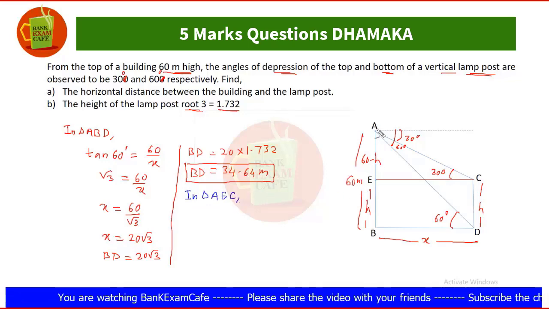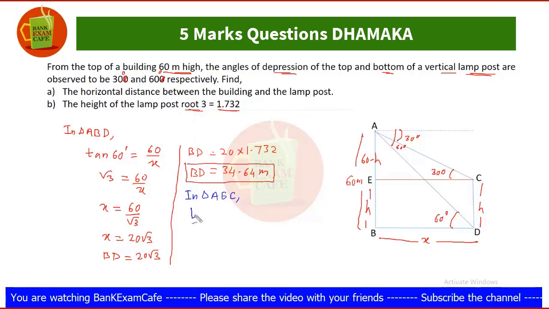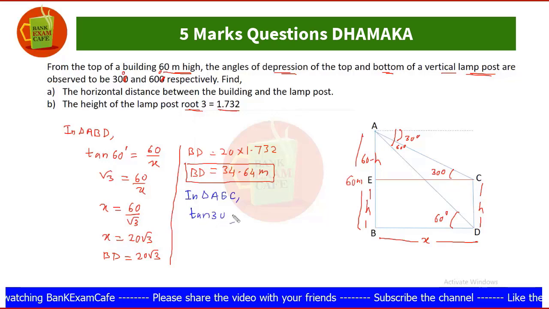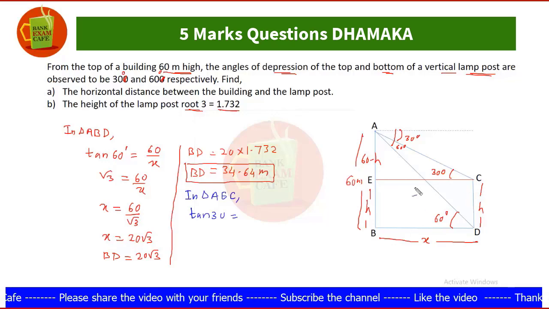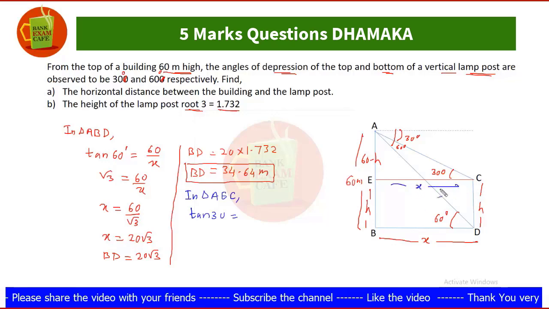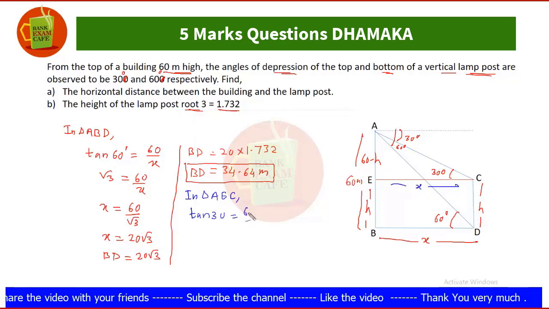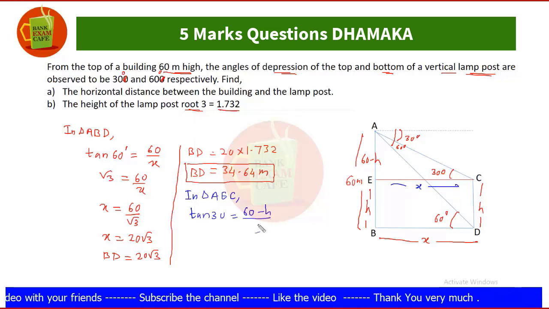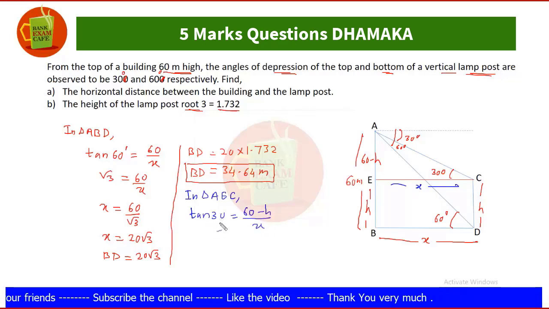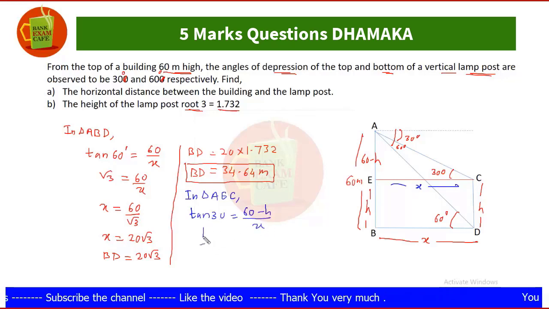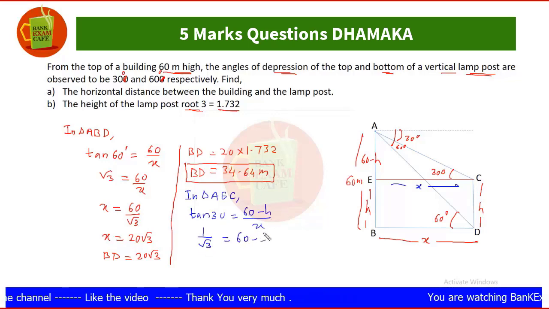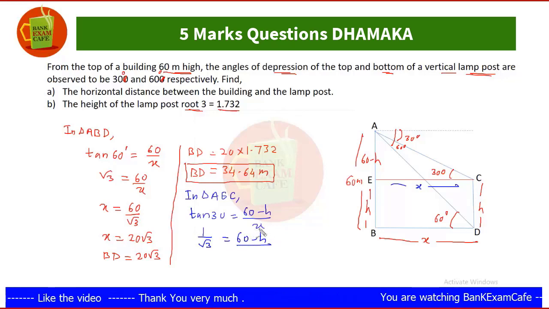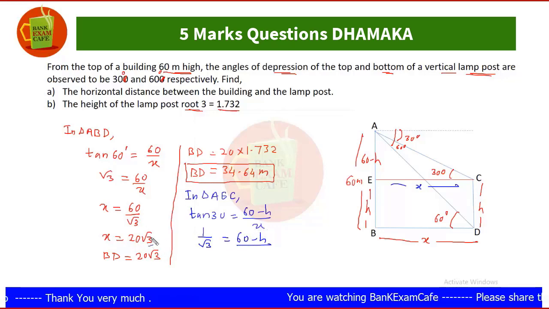In triangle AEC, here tan 30 is equal to AE upon EC. This is X, so this will also be X, and therefore it will be 60 minus H upon X. So tan 30, that is 1 by root 3, is equal to 60 minus H upon X. X we have got as 20 root 3, correct?